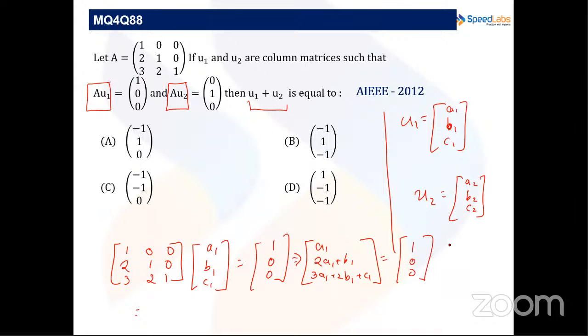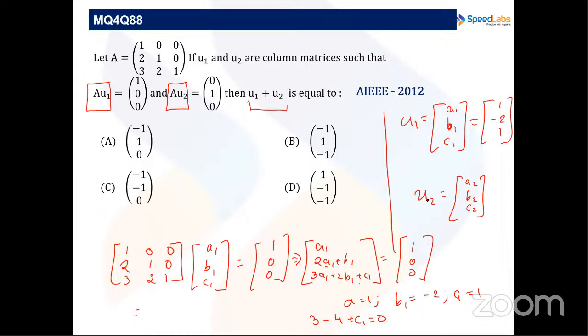So from this we can see that a1 is equals to 1. If you put a1 equals to 1 here, you will get b1 equals to minus 2. And if you put these two values here, you can find the value of c1, that is 3 minus 4 plus c1 equals to 0. So c1 will be equals to 1. So our u1 is 1 minus 2 1.